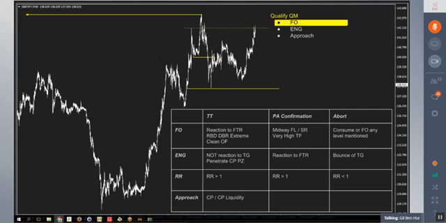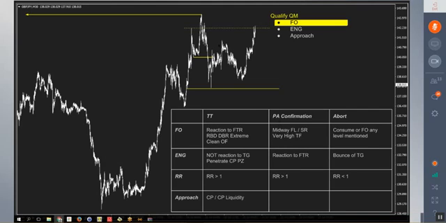So it's not really a touch trade, but it still may work because we've seen the outcome. The outcome is engulfing, not hitting the real target, so the Quasimodo is at a good level, but it's still questionable. So we need to go for a PA confirmation once price hits this level. Okay, so this is the way I think.